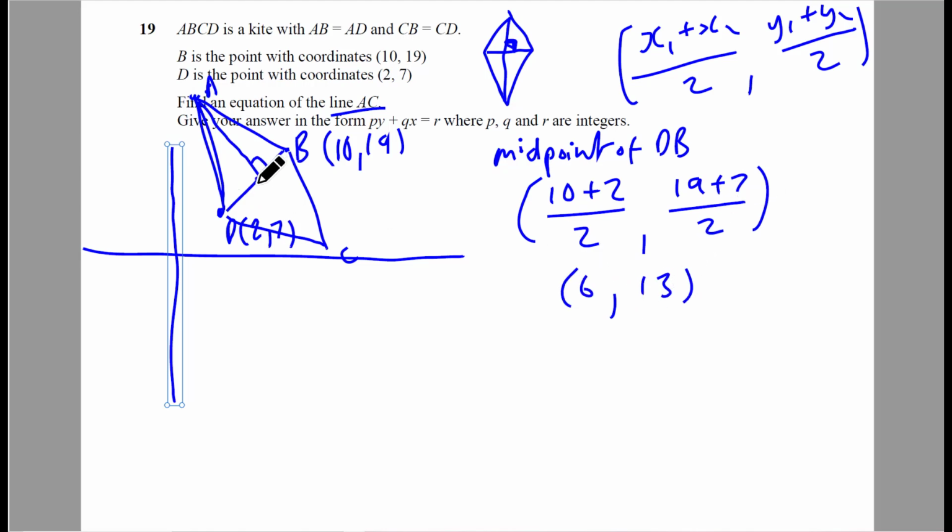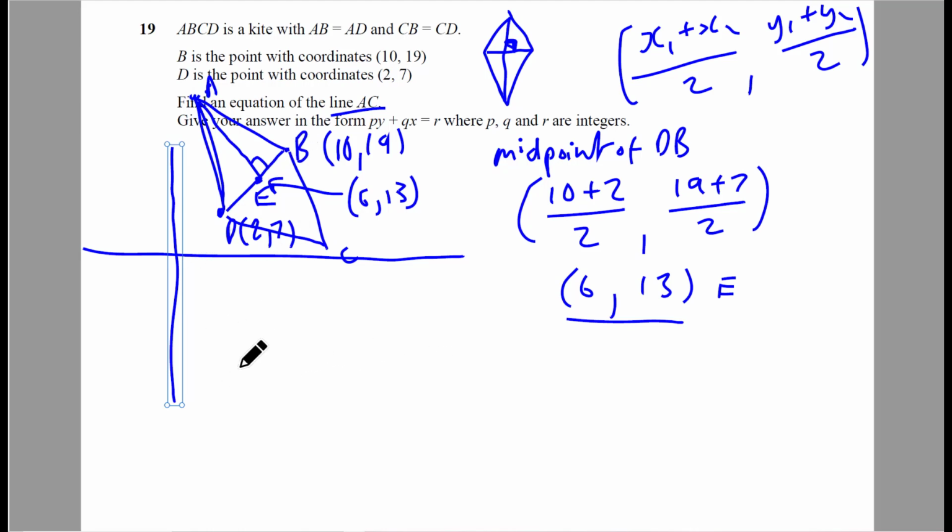So this point here is 6 and 13. Okay, so we've got a point that's going to help us. I'm going to call that E. That's point E. Let's just call that E now, just so you can see what's happening.